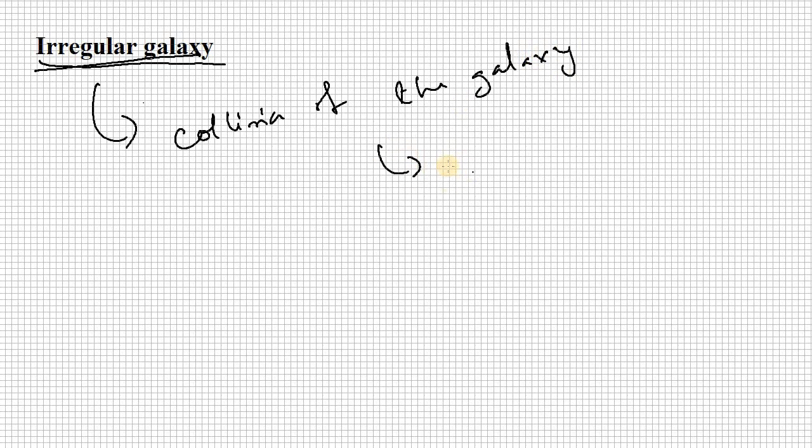So in short, we can say that irregular galaxies result from the collision of galaxies, which results in a new galaxy which does not have a proper shape.